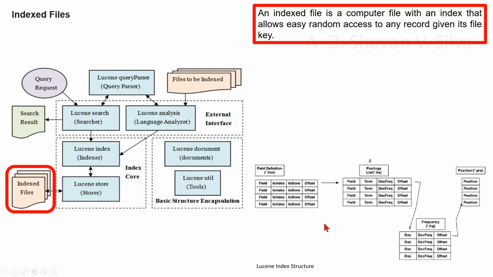Here you can see the Lucene index structure. The on-disk representation of a Lucene index is optimized to be efficient in reads and writes, and it allows searches into required areas of the index.